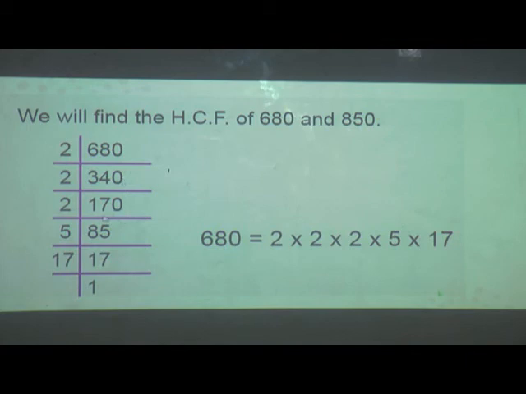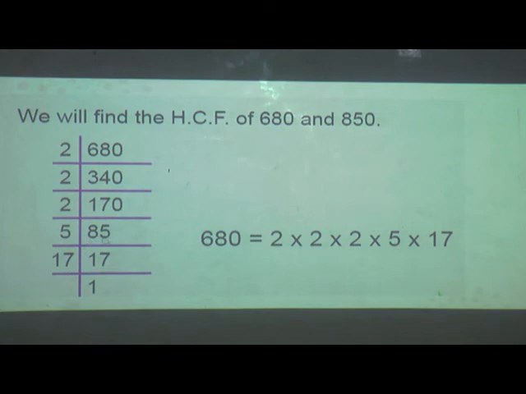Now we have 170, which again has 0 in its ones place. It is divisible by 2. So 2 8s are 16. 17 minus 16 is 1. 1 and 0 becomes 10. So 2 5s are 10. Now we have 85.